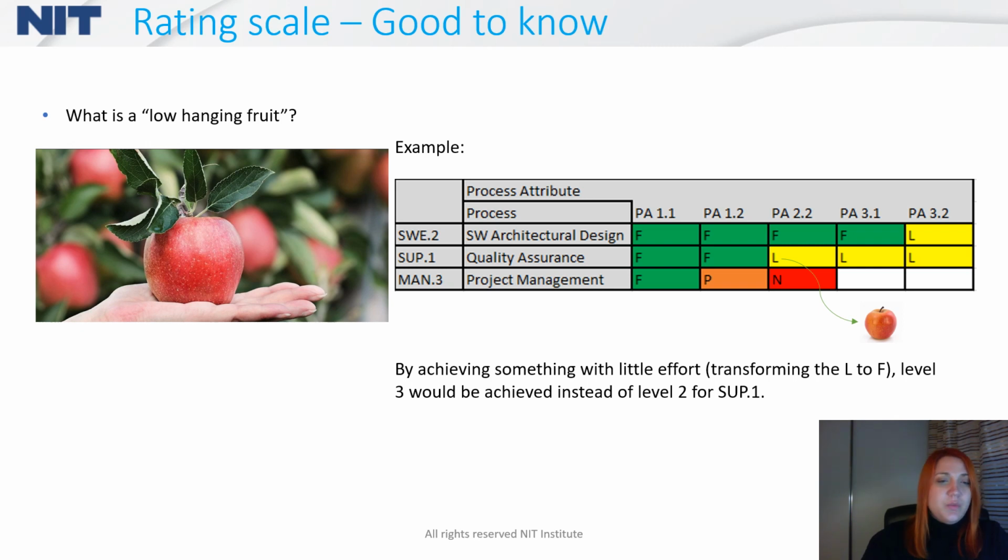It means that when you're trying to incorporate some improvements in your project, you need to think about low-hanging fruits. You should really target the easy actions which can be performed in a very, very short period of time. By just having some improvements on the PI 2.2, you will immediately have the rating for quality assurance, in this example, for capability level 3.